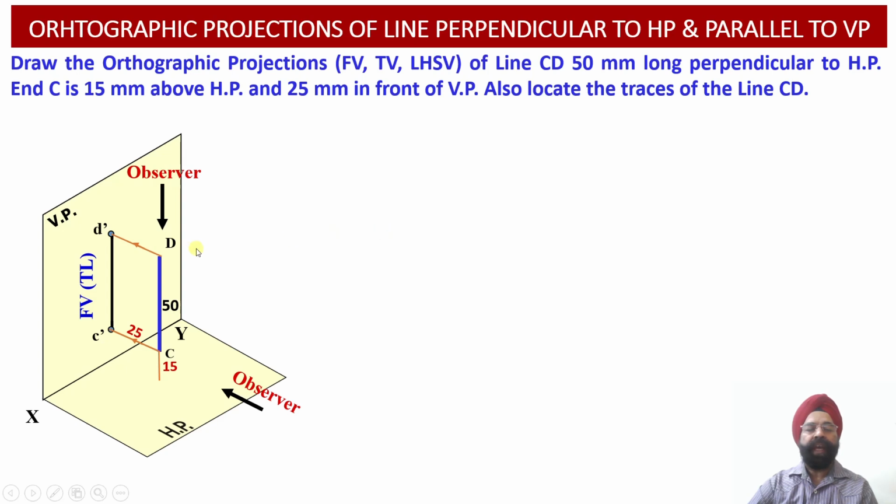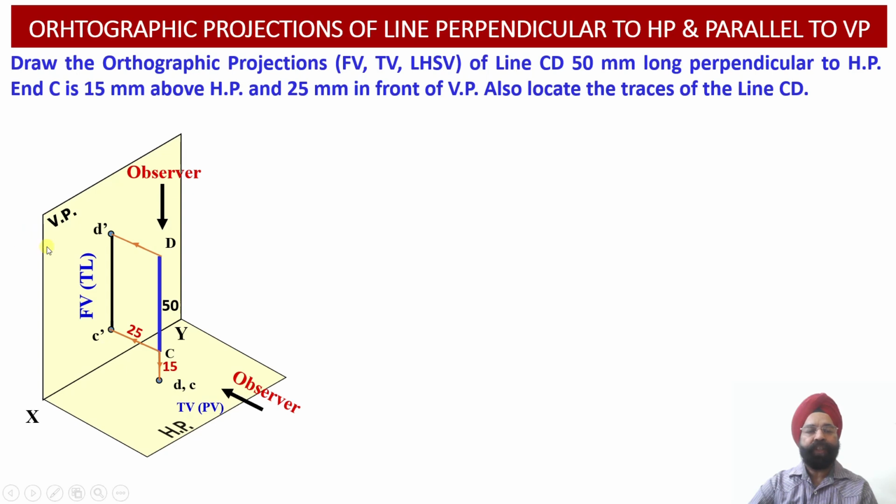And once we look at this particular line from the top, since this line CD happens to be perpendicular to the horizontal reference plane, the top view projections of this line will be converted into a point view projection, wherein points D and C are going to converge or coincide with each other, and we are going to get the point view projections of this particular line CD onto the horizontal plane, that is in the top view projection.